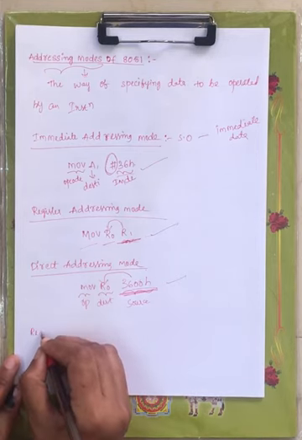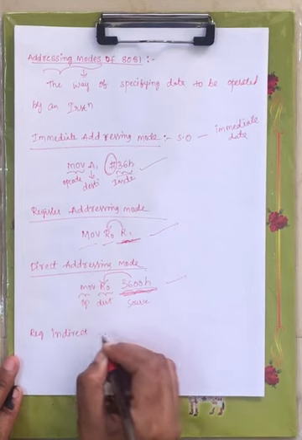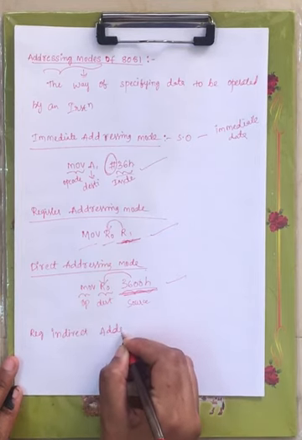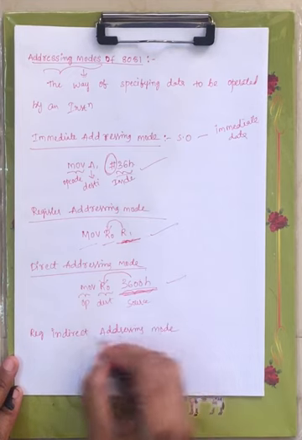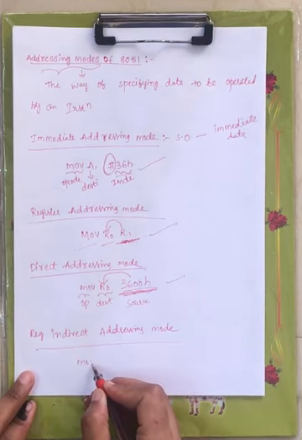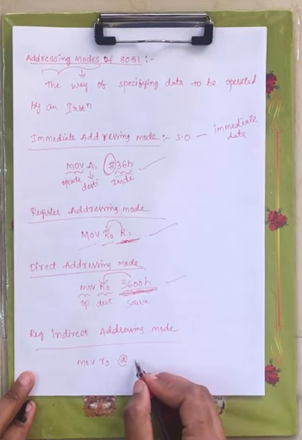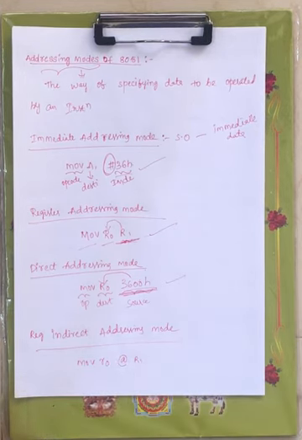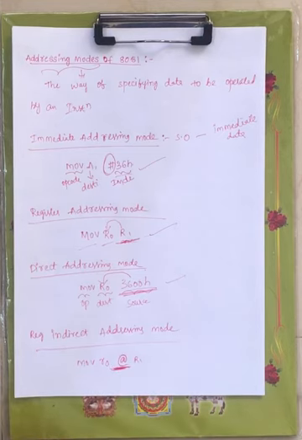Next we have register indirect or indirect addressing mode, as under your 8085. MOV R0, @R1: we point indirectly with the @ sign under your 8051.